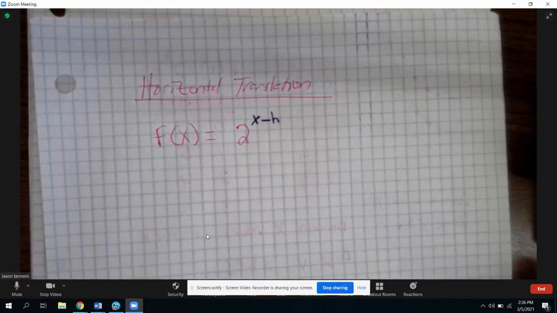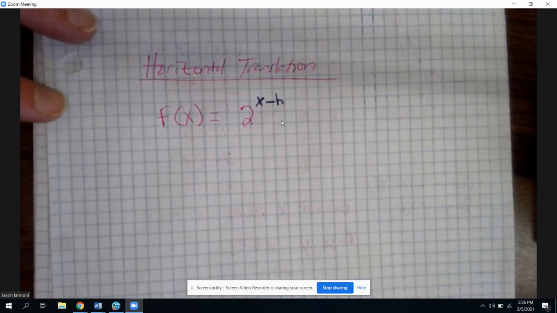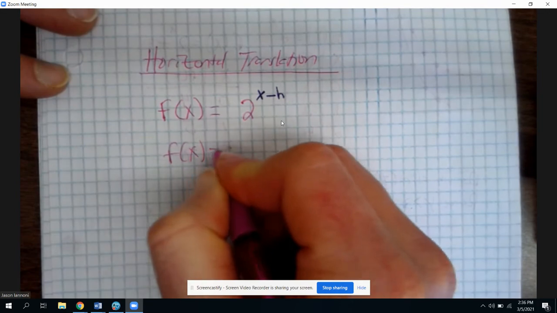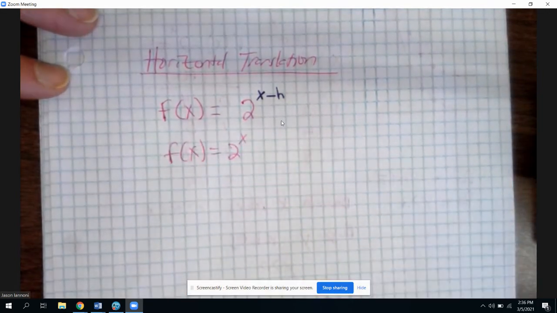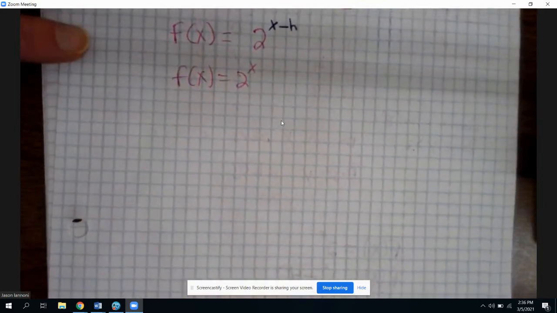Now when we talk about our horizontal translations, we are going to add or subtract up here in the exponent. So we might have, again, our f of x equals 2 to the x, which we've already graphed, the red one here. And we'll do this one on the calculator.